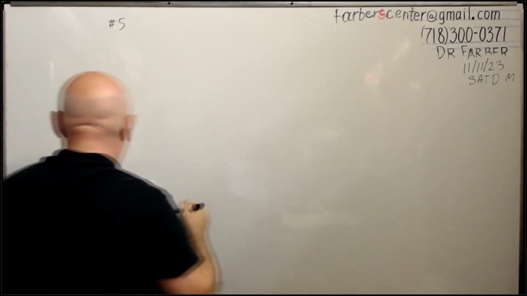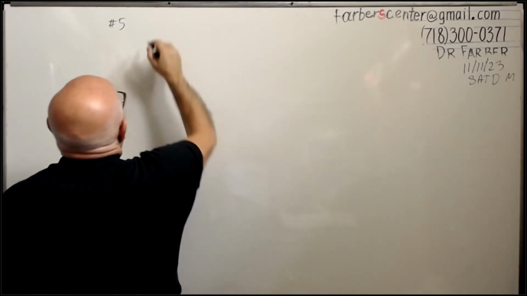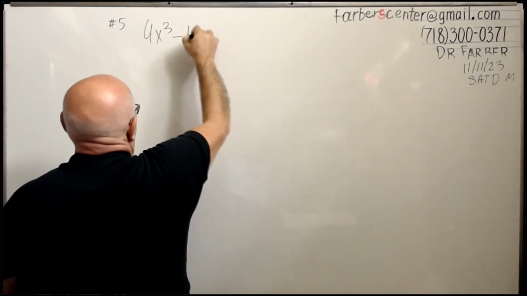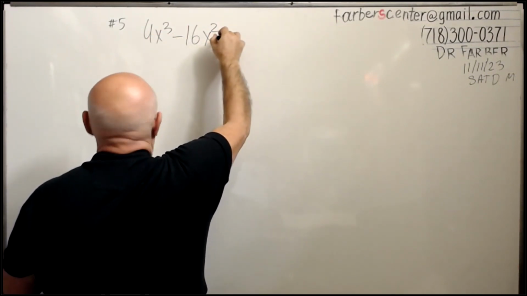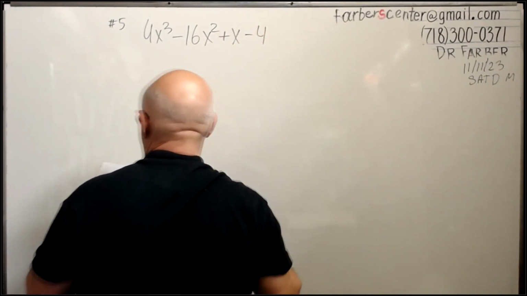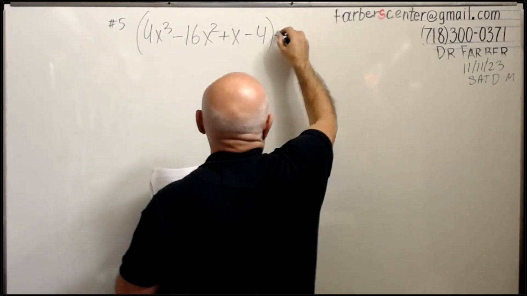We have 4x cubed minus 16x squared plus x minus 4, and they ask you to divide it by x minus 5.